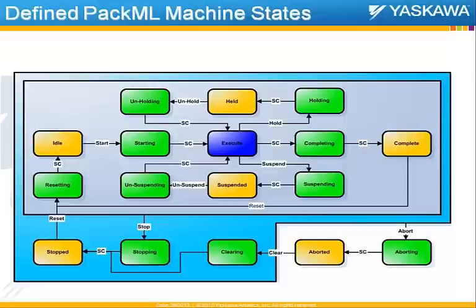Another thing I'd like to show you then is the transitions between them. So you have all of these states, and you have defined transitions and specific ones, like moving from aborted to clearing requires a transition called clear. Moving from idle to starting, a transition called start. So you see that the flow is very well defined around here. You can't go just anywhere from anywhere. So that's important from a machine control standpoint, because half the battle of building a good solid machine control is preventing going somewhere you don't want to go.